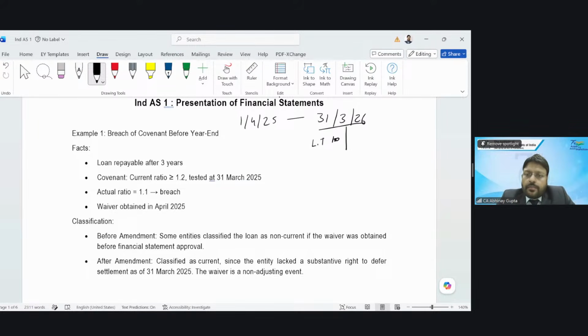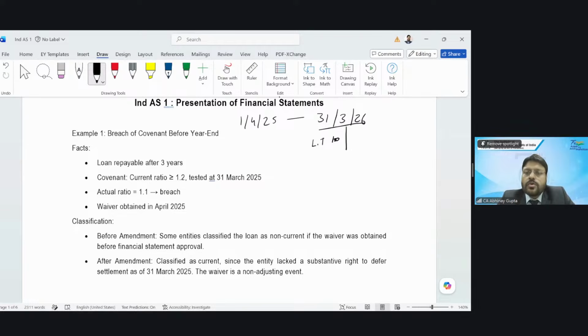Now, the company was presenting this as long-term liability, right? But Ind AS says because you have breached a covenant, which results into turning this long-term liability into a current liability, that is, non-current liability into current liability.